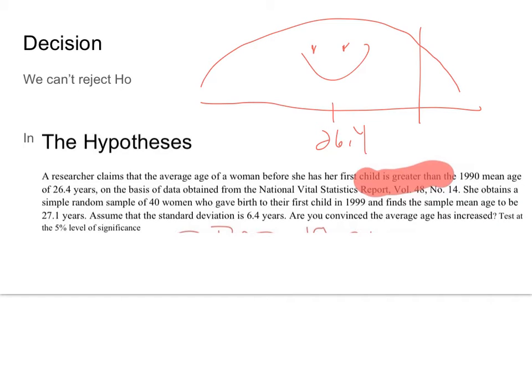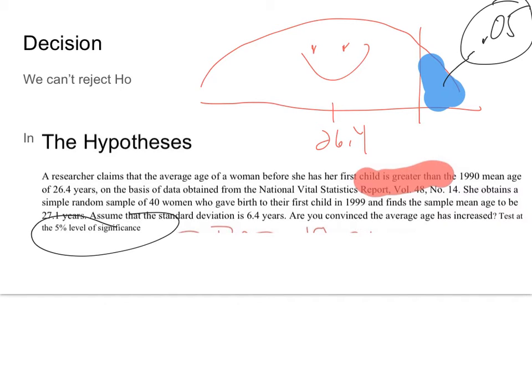And then this area over here is what we can think of as the rejection region, where H0 is going to be rejected, where this sample result is far enough away from 26.4 to say there's something different going on. So the level of significance tells us, if this area is less than 5%, we can reject H0.